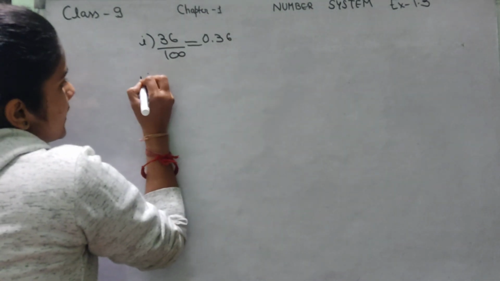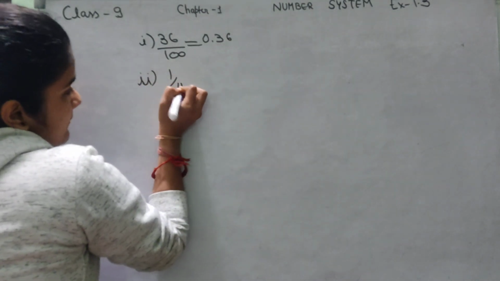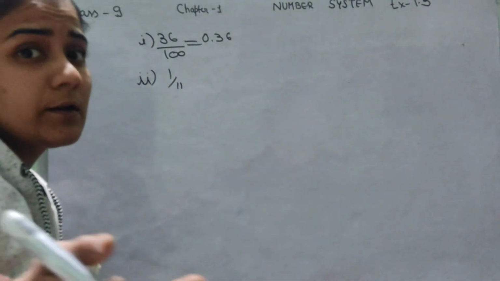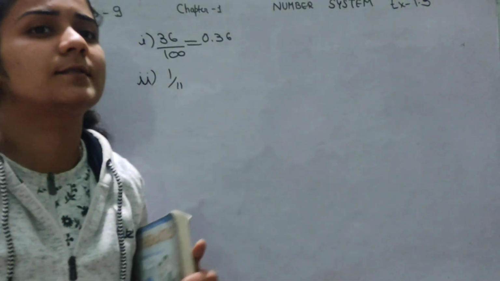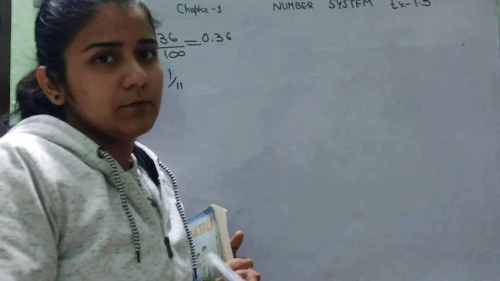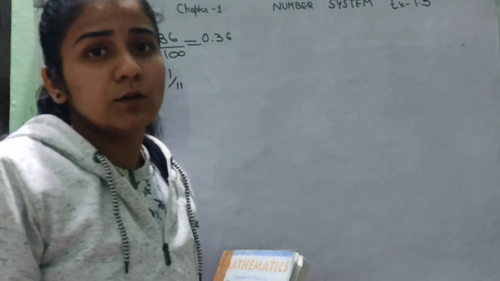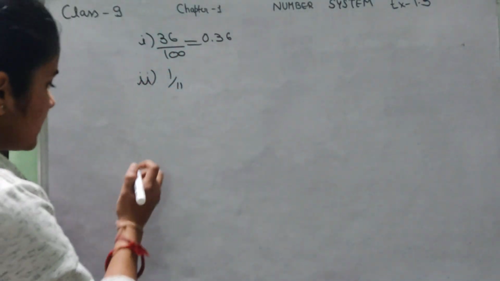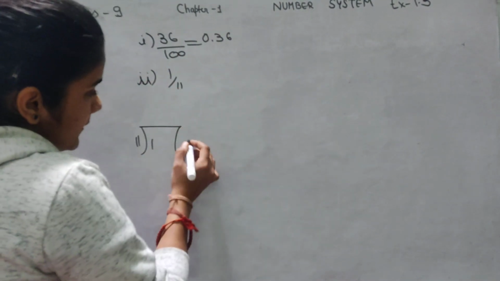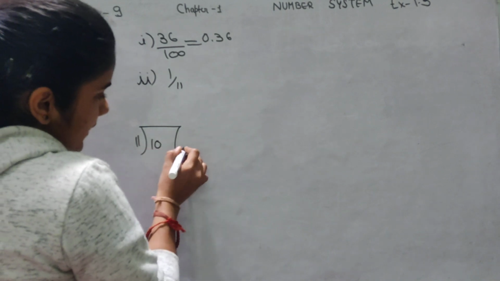Now second is 1 divided by 11. I hope you all are in 9th standard, so you must know how to divide a number. We are performing this as 11 divided by 1, so nothing here. So simply add 0 here, add a point here.